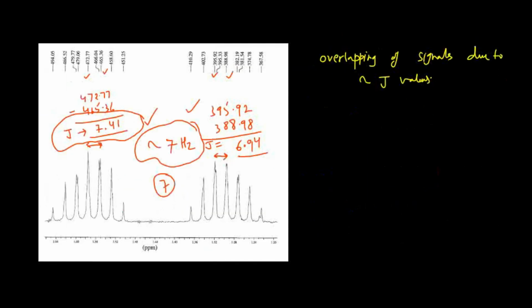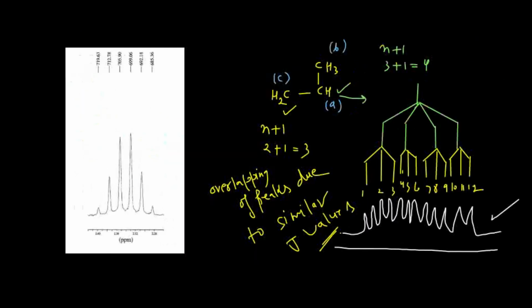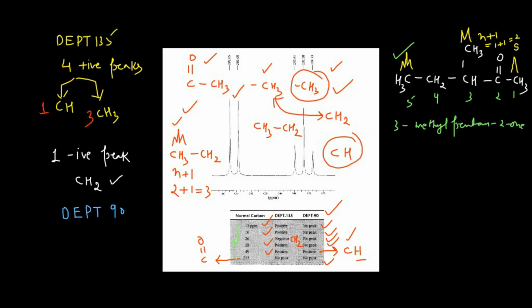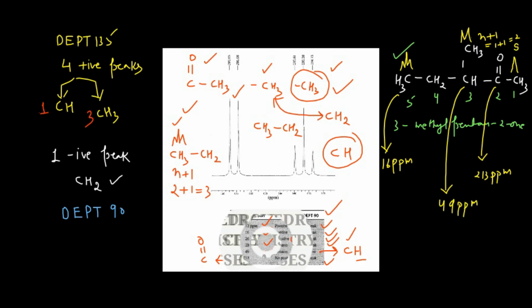So if you want, you can decide the carbon chemical shift values as well. Say for this carbon, the value is 213 ppm. This is the most downfield signal. This one is the second most downfield signal after 213, so this will resonate at 49 ppm. Please remember, this resonates at 49 ppm.